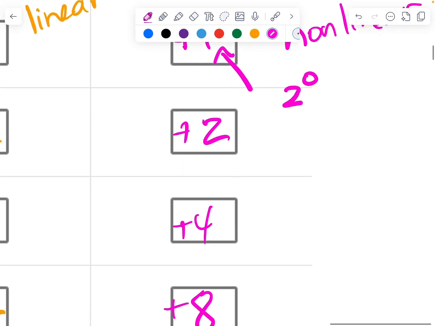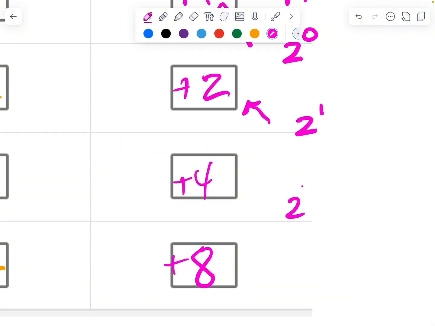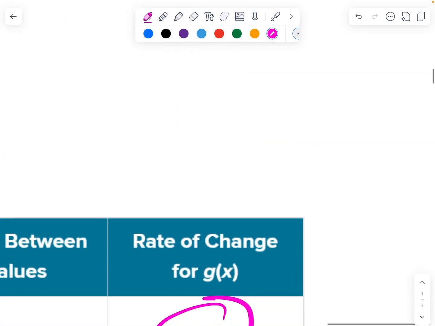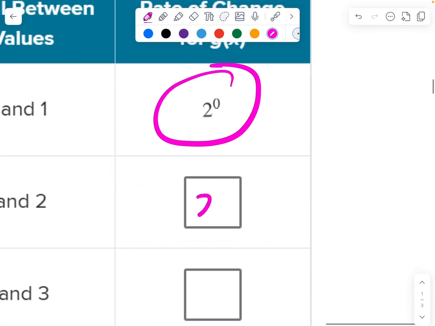Now I know what it's talking about. This right here is the same thing as 2 to the first power. This right here is 2 to the second power and 2 to the third power. Okay, so I'm going to come down here and write that. Sorry, I was confused on what they were wanting.